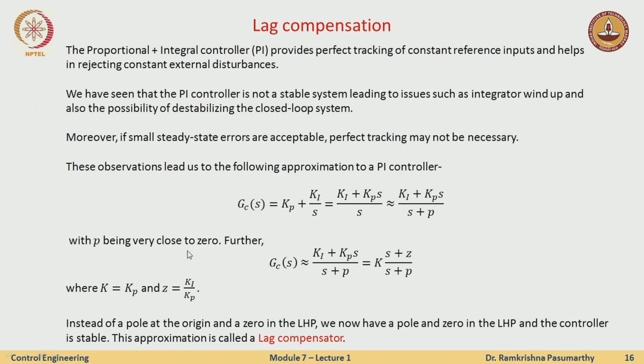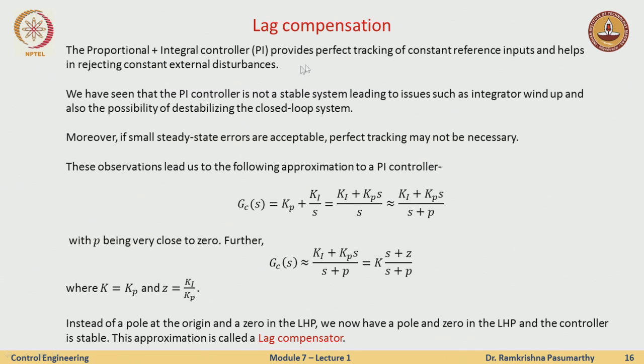In the design procedure we will see how close to 0 it should be. Further, this now looks like a gain K, a zero and a pole, such that the pole is very close to the origin, where K is Kp and z is Ki over Kp.